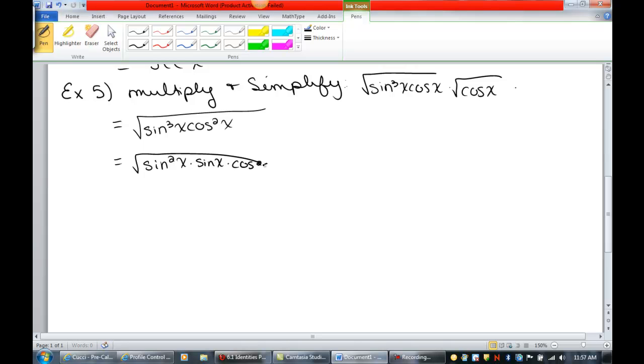And then I still have my cosine squared x. So I know the square root of sine squared x is sine x, and the square root of cosine squared x is cosine x. And then all I'm left with underneath the radical is sine x. Now, there doesn't seem to be anything else that we can do here, so that's about as simple as it's going to be. So that's the answer for this one.